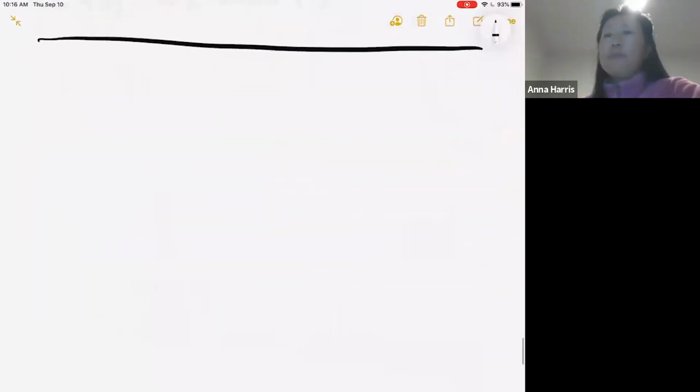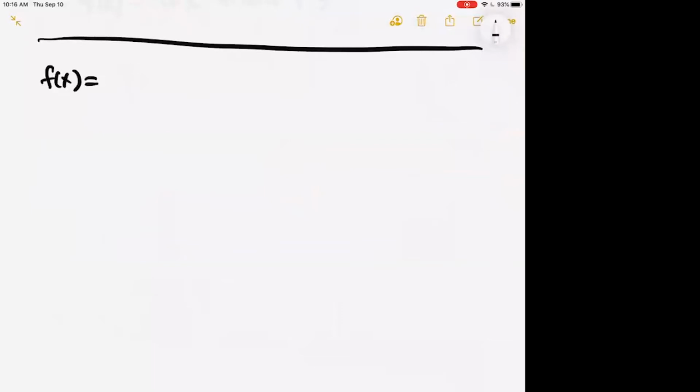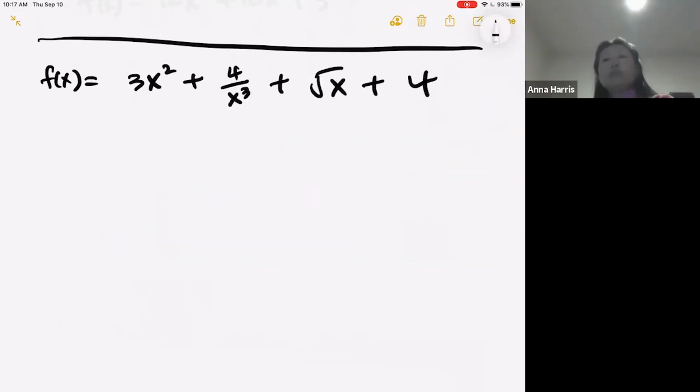Let's do another example. How about if I give you problems like this? I want to take a derivative of that.